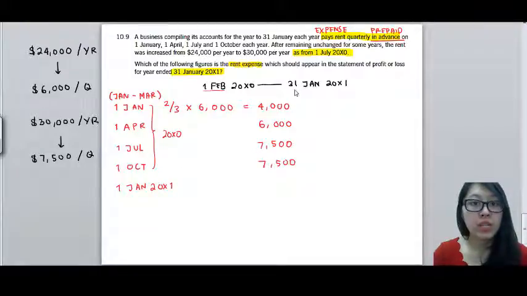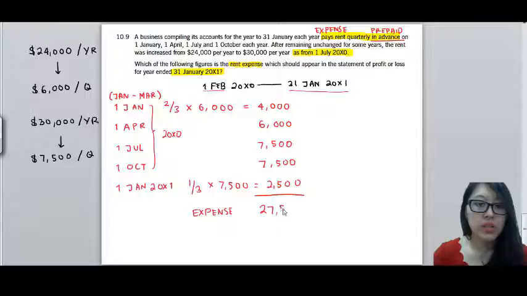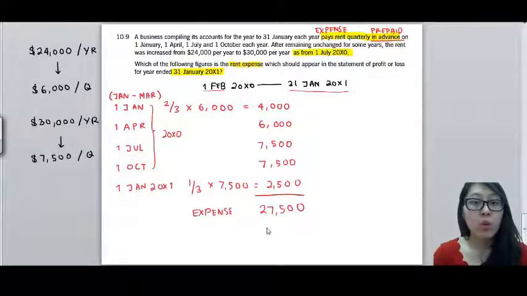That will be the expense incurred. So we can only take a month out of our total payment to include as the expense for this year. So that will be 2,500. So now our total rental expense that we have incurred and also paid will be 27,500.